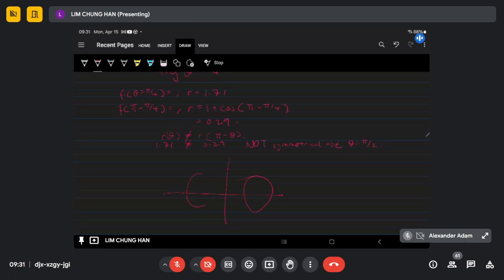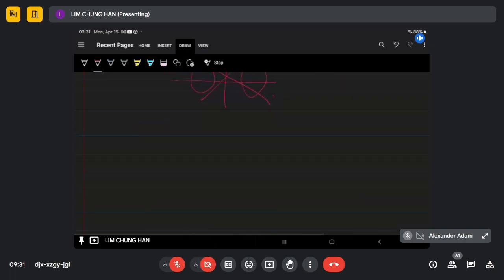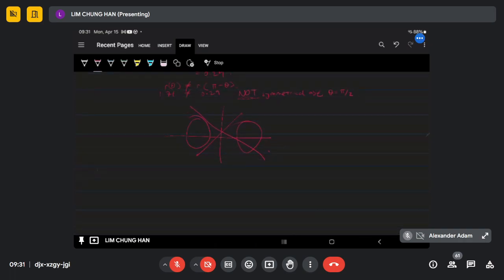In this case, I showed that it's not symmetrical, so it's not mirrored. That means you cannot apply this rule. The second rule cannot be used. So let's check the third rule. The third rule says what?